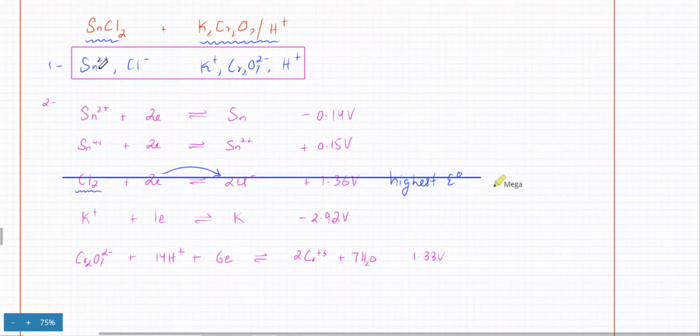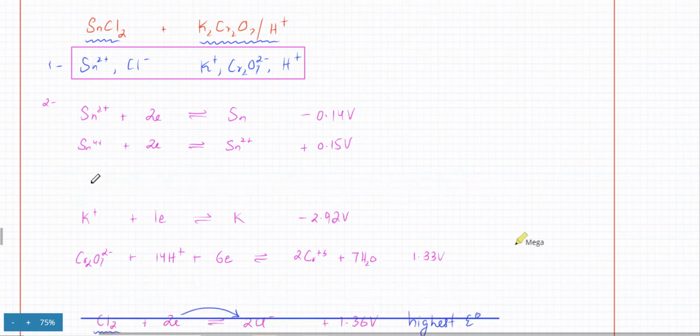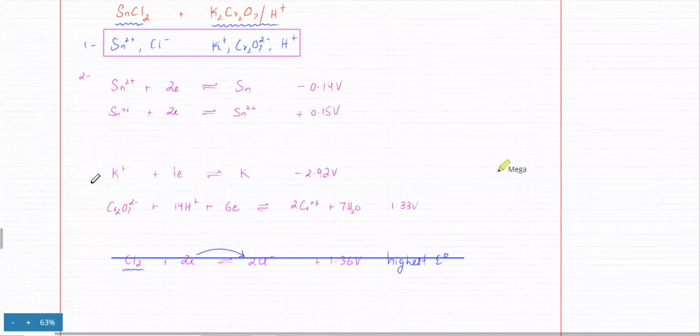I'm going to cut it out because although it has the highest tendency to gain electrons, I don't have Cl2 in the first place. So how can Cl2 gain electrons? Sarah, is this clear? Aisha, is this clear? Yes, sir. So I'm going to put this aside and not use that equation. Then I'm going to again look for the highest potential equation. The highest potential equation is coming out to be this one.